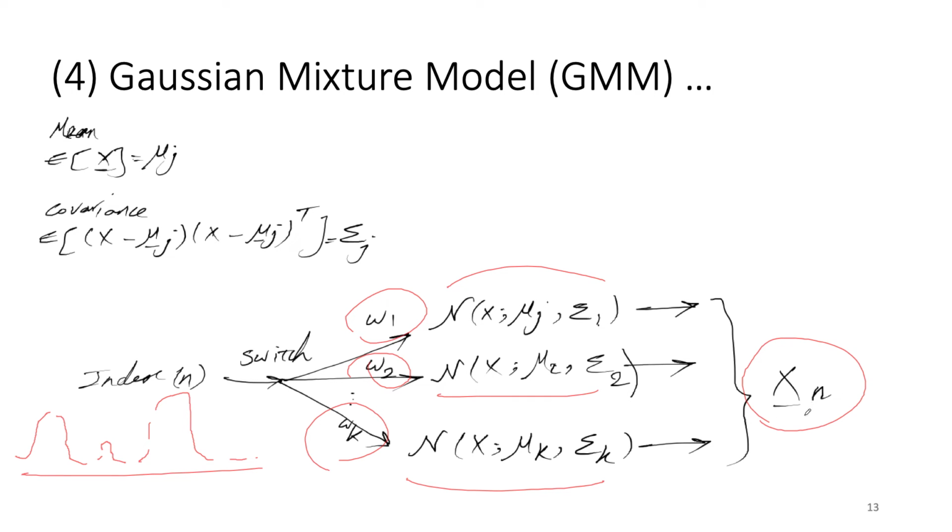And this X in vector space could belong to any of those, right? That's index n, if you're wondering.